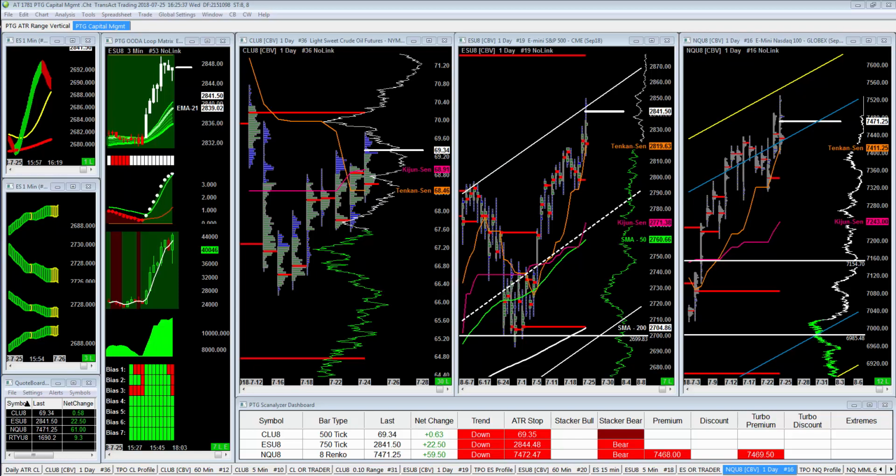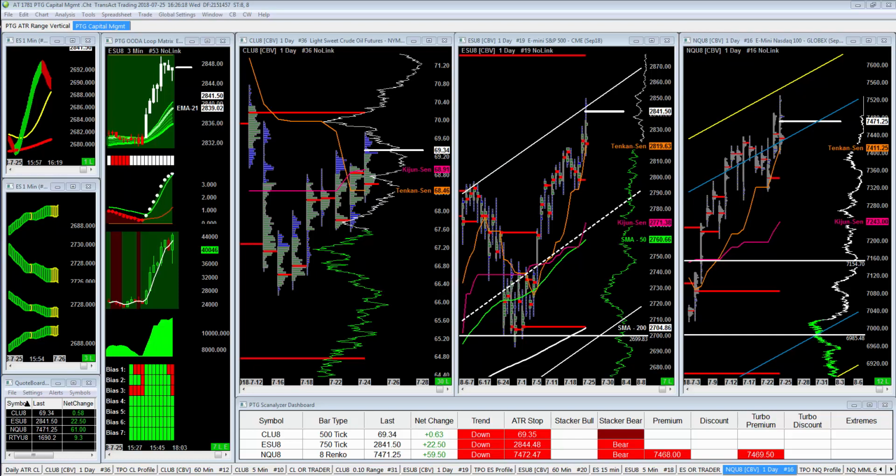So we have 3 major categories of trade setups, and they're referred to as the ATR, average true range, stackers, both bull and bear stacker, our CCI crossover system, which is referred to as premium and discounts. And then within the context of those premium discounts, we have what are called extreme premium and discounts.